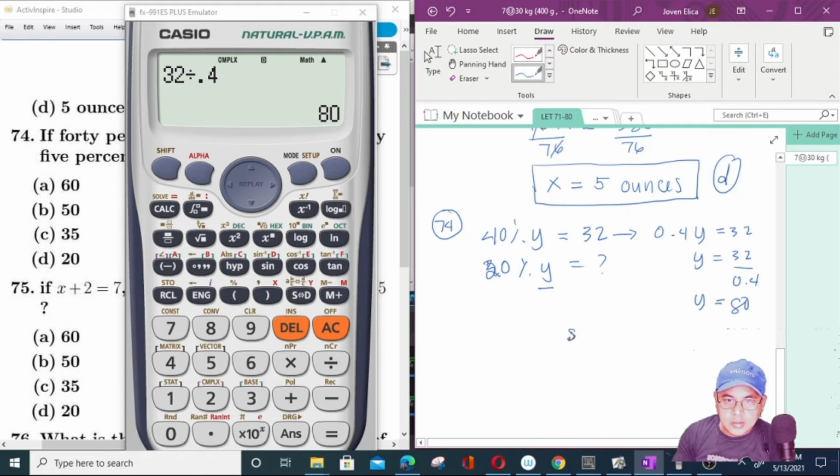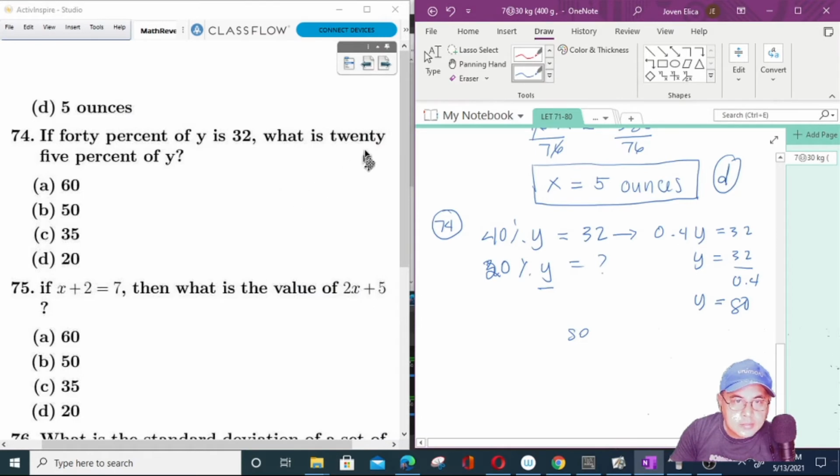the 20%. So 20% of y is equal to what value? We just have to multiply 0.2 by y. y is 80.